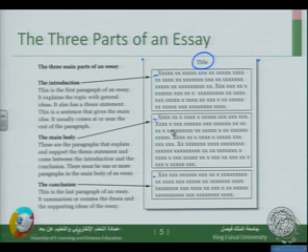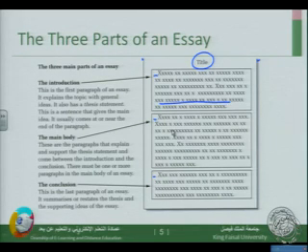Okay, the introduction, you've heard this term a lot. This is the first paragraph of an essay. It explains the topic with general ideas. It also has a thesis statement. This thesis statement gives you the main idea, the author's point of view, and it usually comes at or near the end of the paragraph.